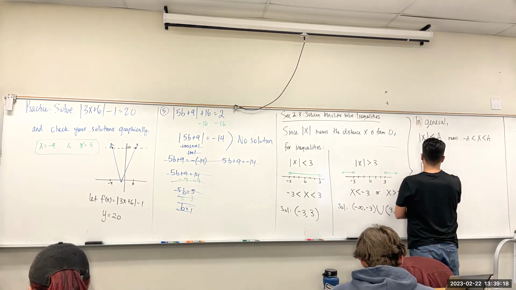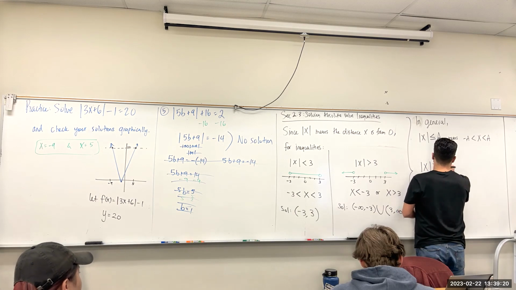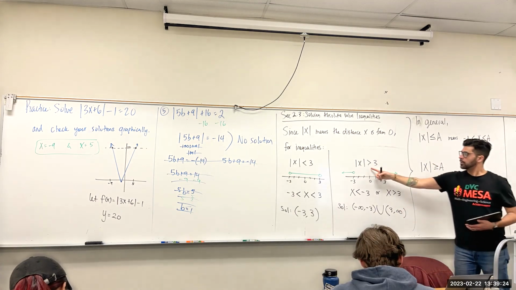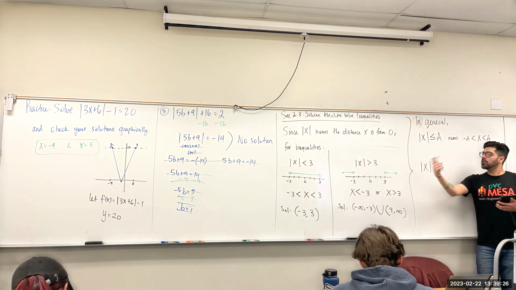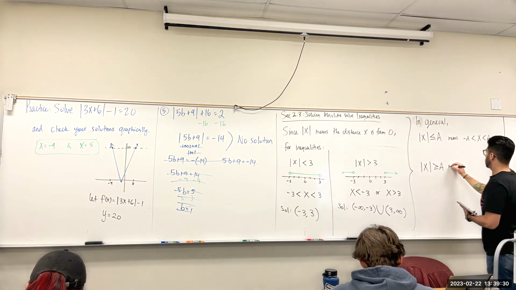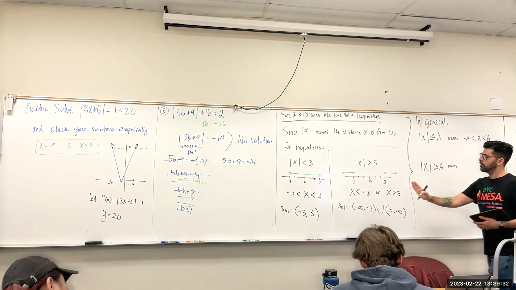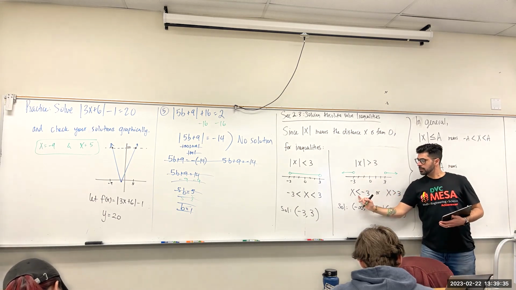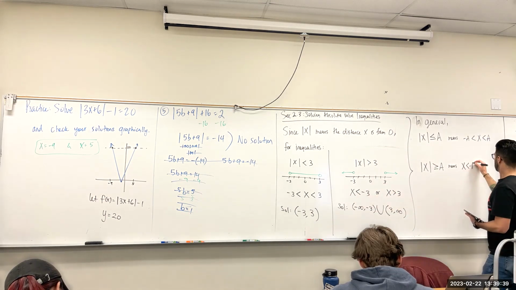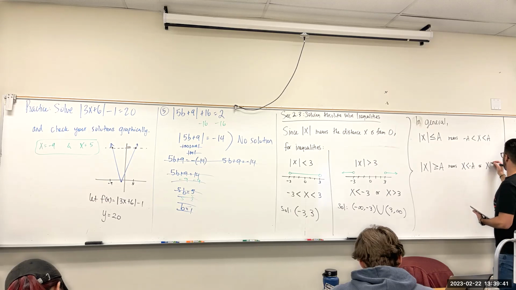And then when you have the absolute value greater than A, that's like this scenario, you want to be more than A units away from 0. So that means that it'll have to be less than the negative of it, or greater than its value.